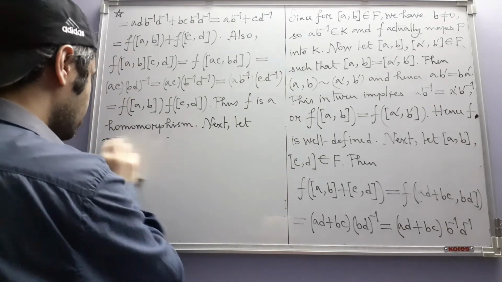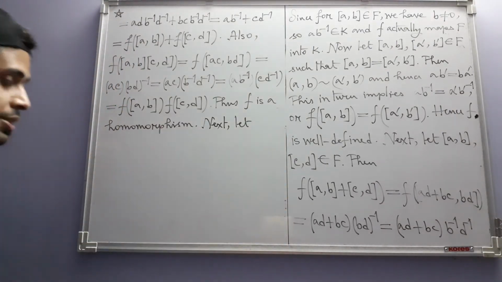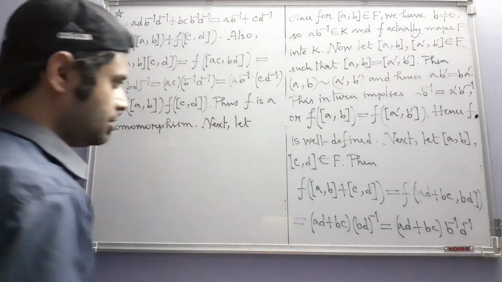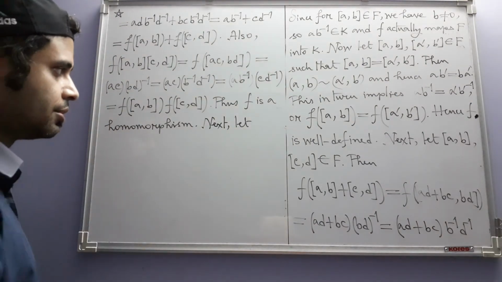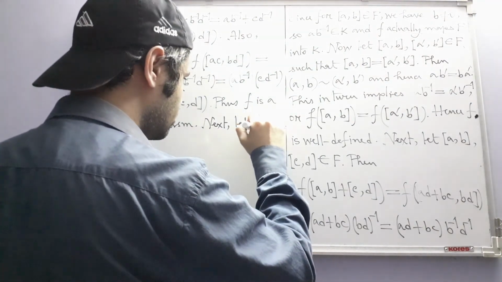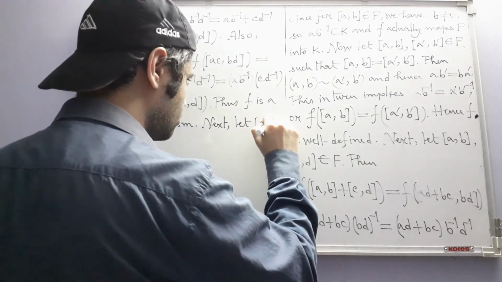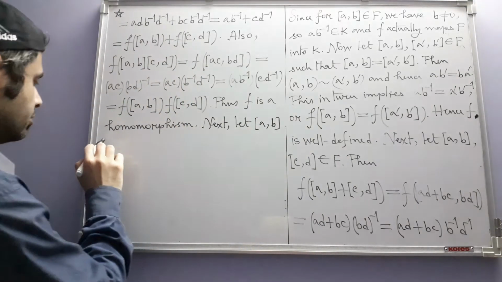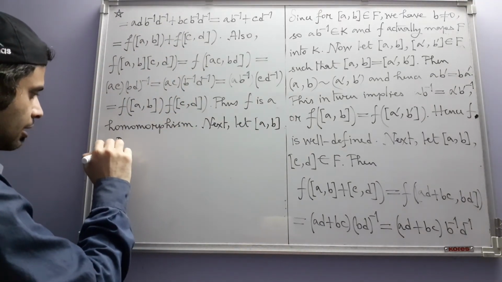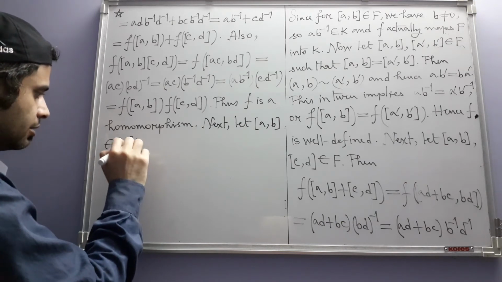The kernel of f is a subset of the domain, which is our field F. So I should have taken such an element in the kernel. I don't know what I was thinking.